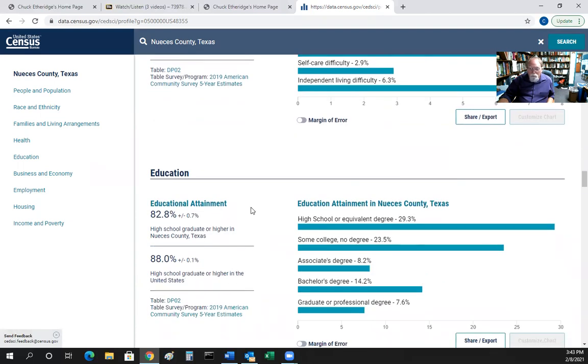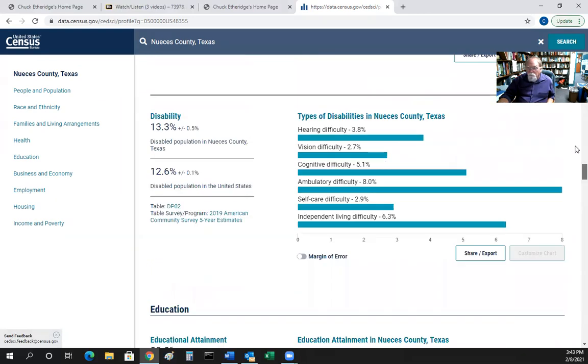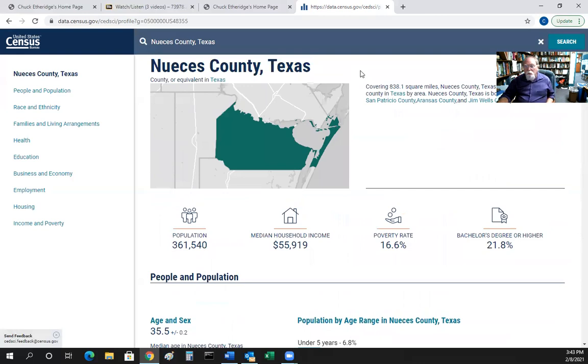See, much lower educational attainment in terms of finishing high school. You want to get to college, it's even more so as well. So you see how it's working. And as I said before, and I hate to say this, but if you look at where the United States is economically in terms of health and poverty, you look at Texas, and then you look at Nueces County as well.